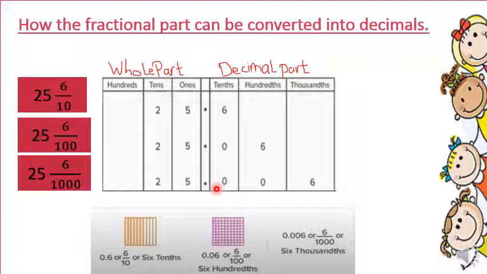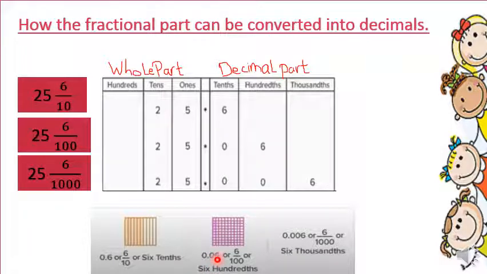So if I want to represent it, it's 0.6 or 6/10. It means 6 out of 10. So now we are seeing the relation between the fraction and the decimal number. It's 6/10. It's written as 0.6. Or 6/100, it's written as 0.06.